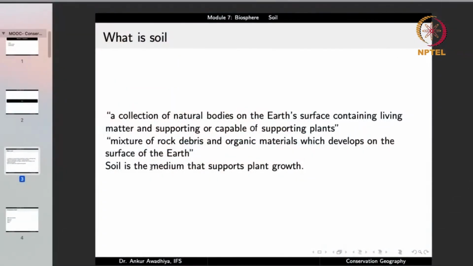And in the process of photosynthesis, they take carbon dioxide from the atmosphere, they take water from the land, they take nutrients from the soil, and they make glucose or other carbohydrates. And so the function of soil as a medium of supporting plant growth is also something that supports all the life on this planet.